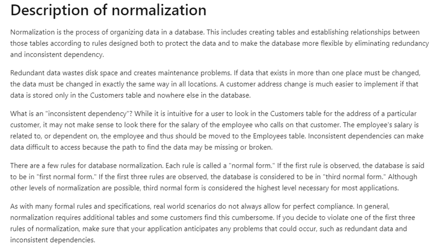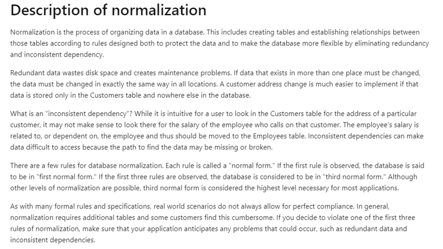The employee salary is dependent on the employee and thus should be moved to the employees table. Inconsistent dependency can make data difficult to access because the path to find the data may be missing or broken.